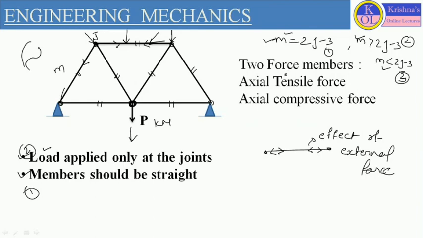That force should act along the member, and each member is called a two force member. Over that particular member, either we will consider axial tensile force or axial compressive force. This way we can define a two force member. These points you have to remember.